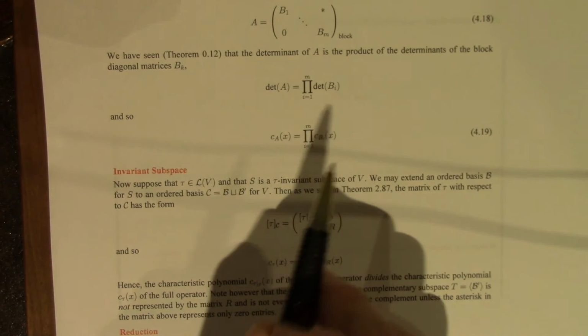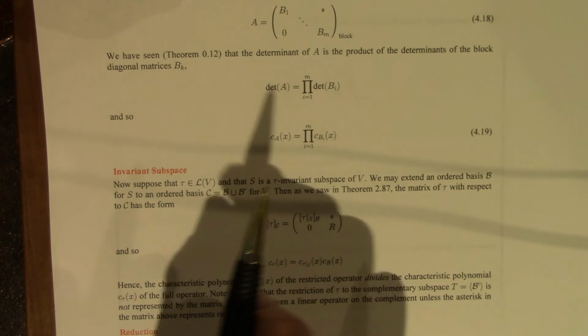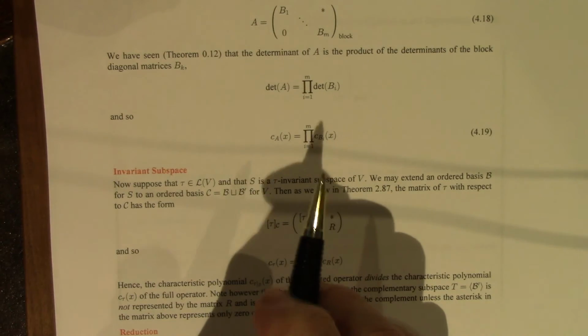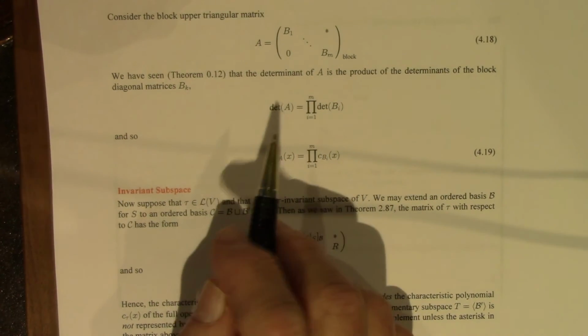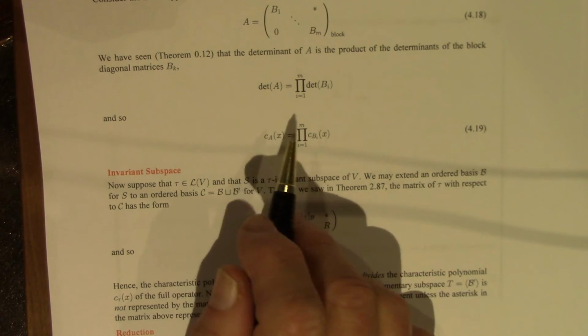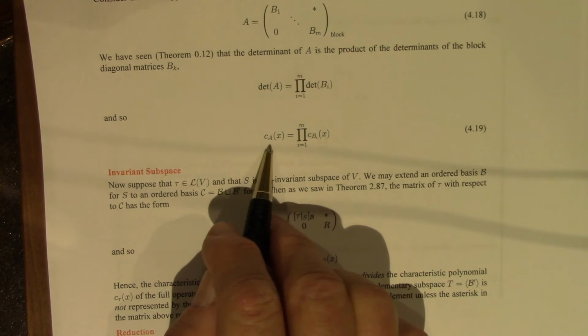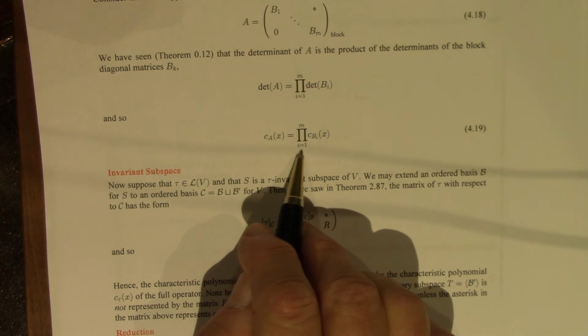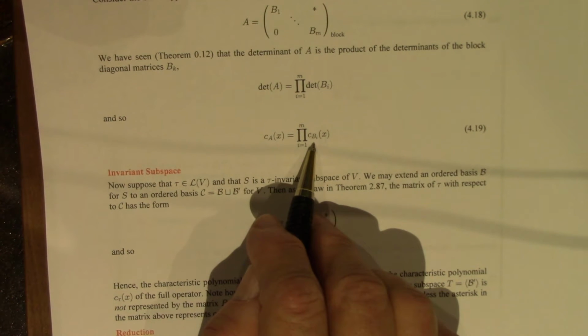Okay. So this would apply to a matrix of the form xI minus A, and would tell us that the characteristic polynomial of the matrix A is the product of the characteristic polynomials of the matrices B sub i.